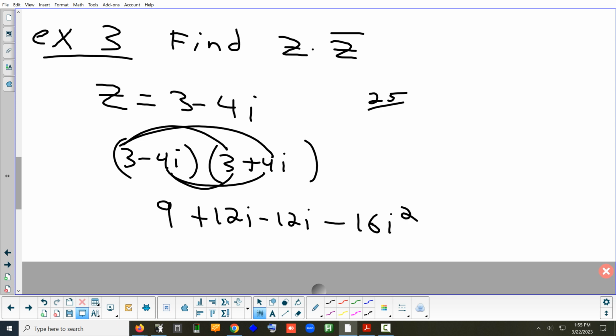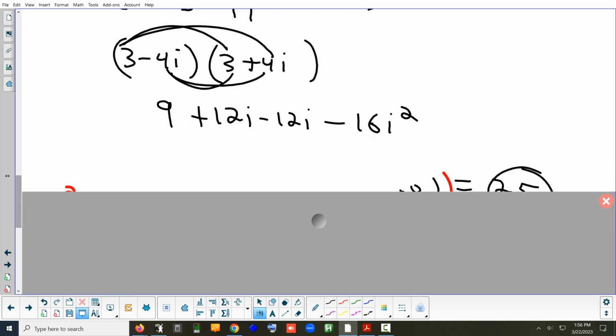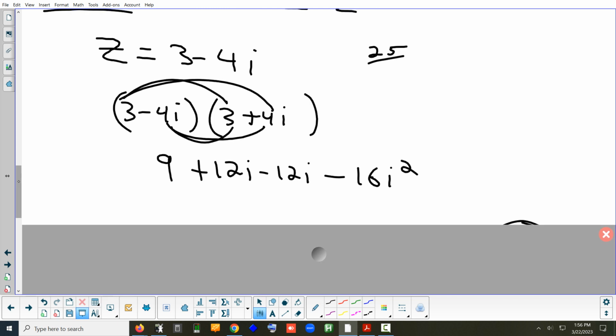Okay, we're going to deal with the i squared. How about before that? The i's cancel out. That's one reason I could do this quickly in my head, is because I didn't really even have to multiply the outer and the inner, because I knew they were going to disappear. That always happens with conjugates. So these are gone. So now I have 9 minus 16 times i squared.